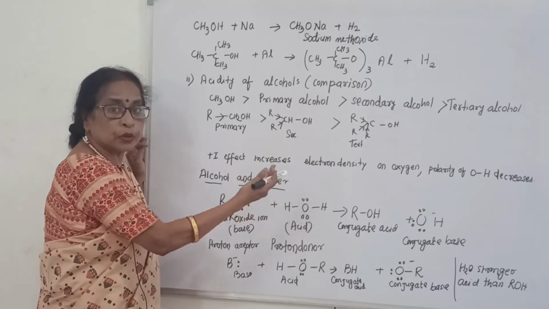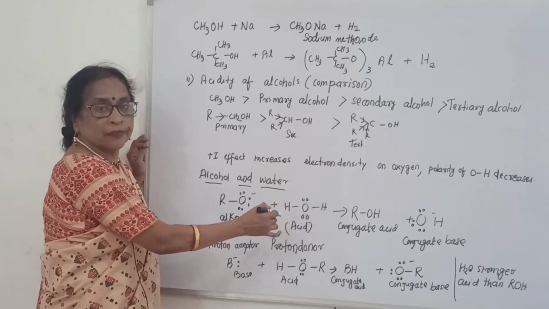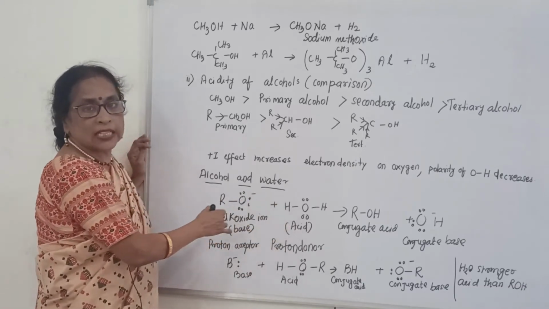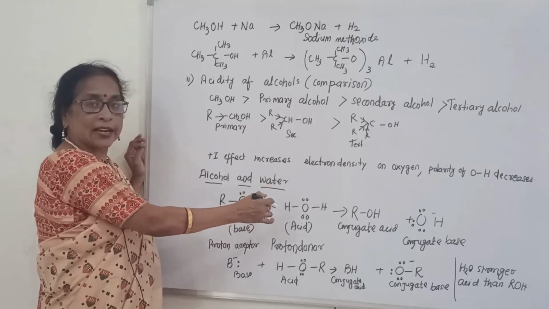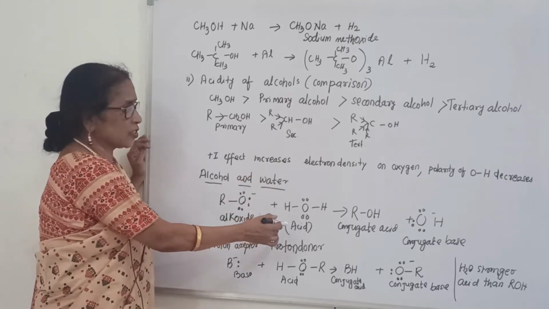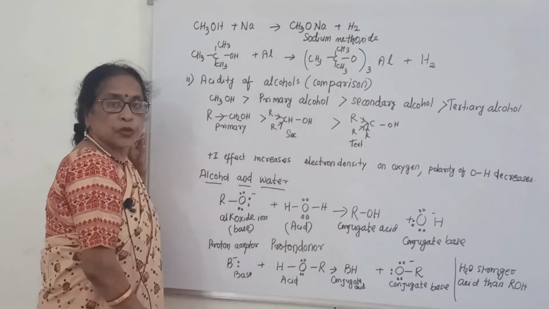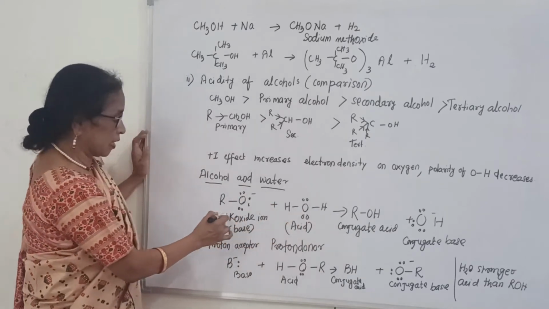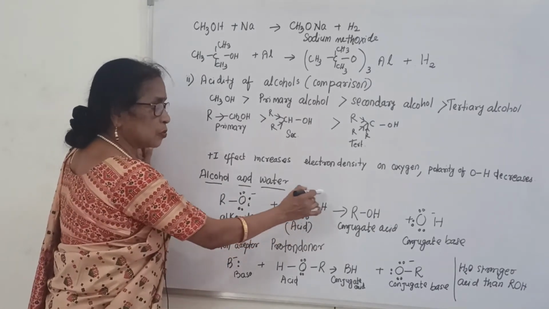Water acts as a proton donor, so it is the stronger acid. When you compare alkoxide ion and water, water is the strong acid. It forms a conjugate acid and conjugate base. Conjugate base of what? Of water, and the alkoxide ion is the conjugate base of the alcohol.